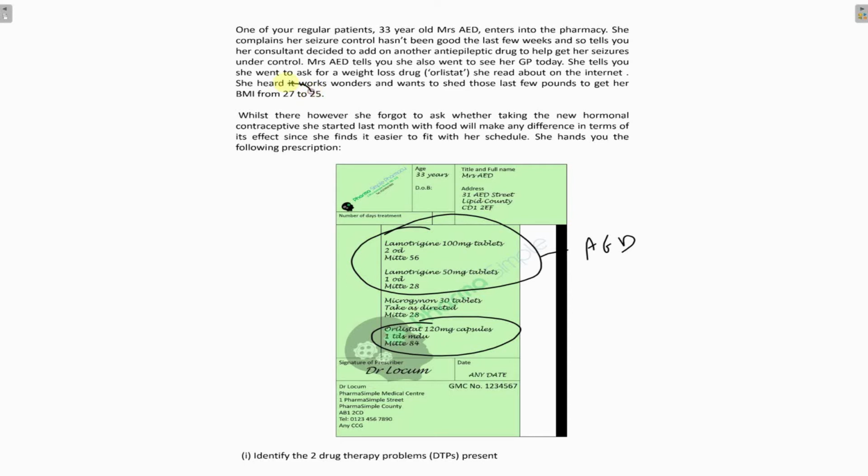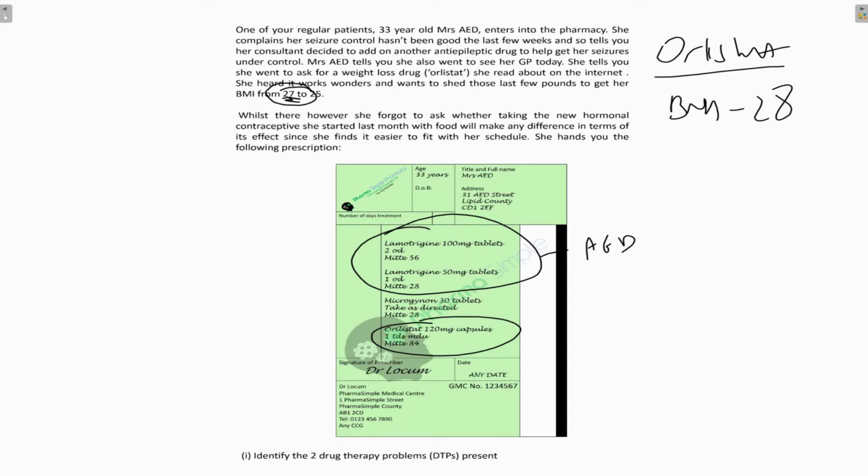So if you look, Mrs. AED wants to go from 27 to 25, so we know her BMI is 27. And normally for Orlistat, the minimum criteria, normally they have to fit a few other criteria as well, is 28 anyway. So she didn't even fall onto that.